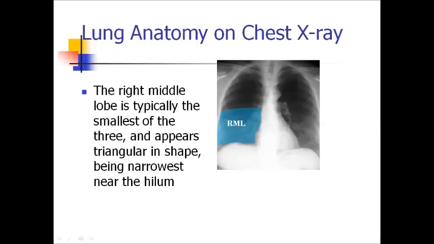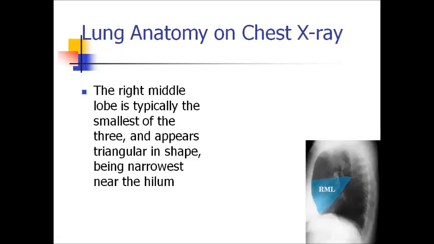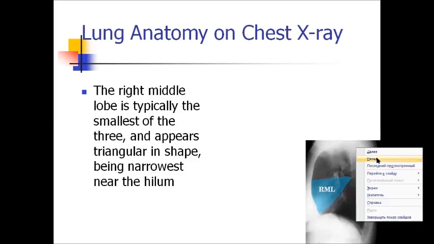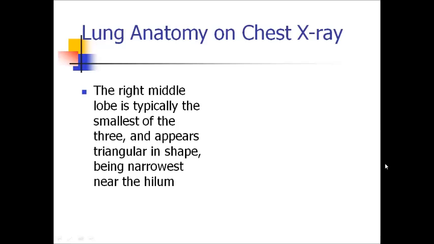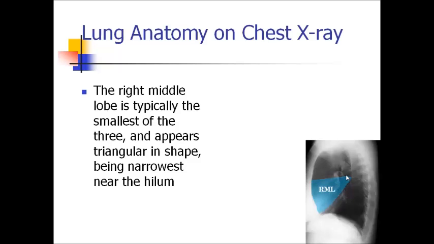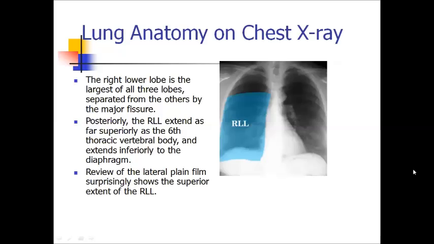Right middle lobe is typically the smallest of the 3 and appears in triangular shape, being narrowest near the hilum. The right lower lobe is the largest of all 3 lobes of the right lung, separated from the others by the major fissure.